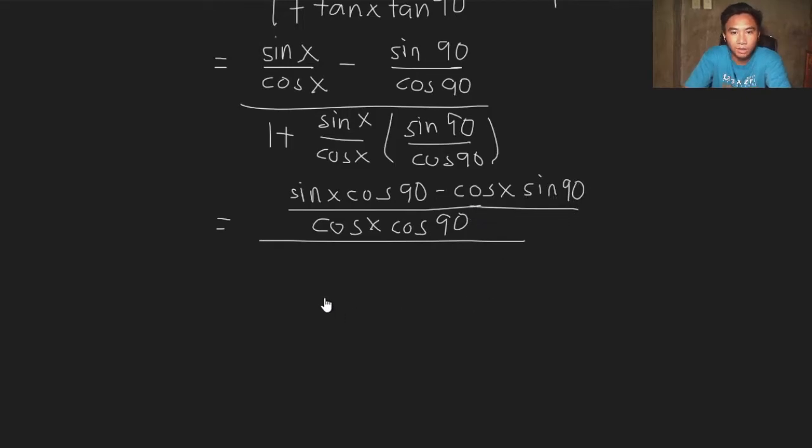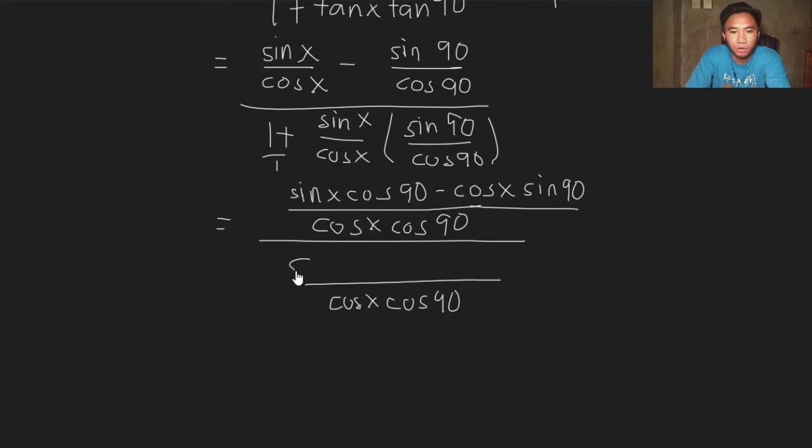And then, at the bottom is cosine x cosine 90 also, since it is all over 1. So, cosine x cosine 90 divided by 1 is still cosine x cosine 90.